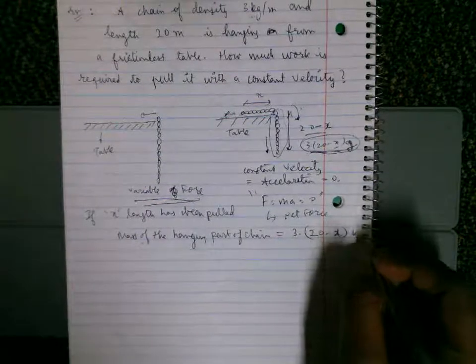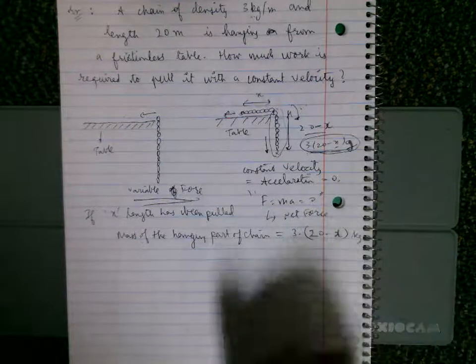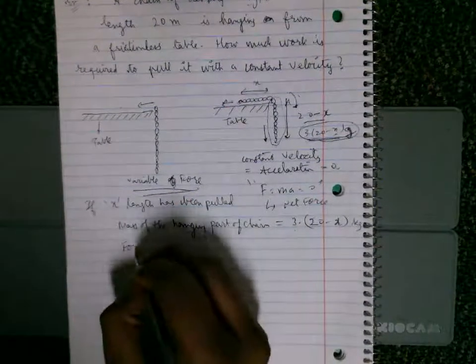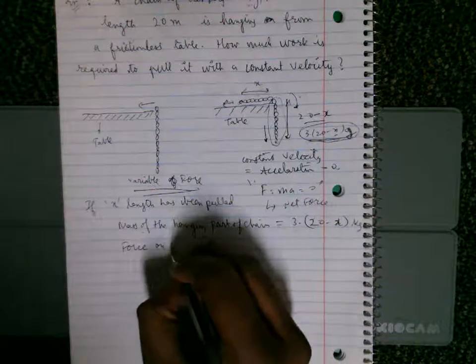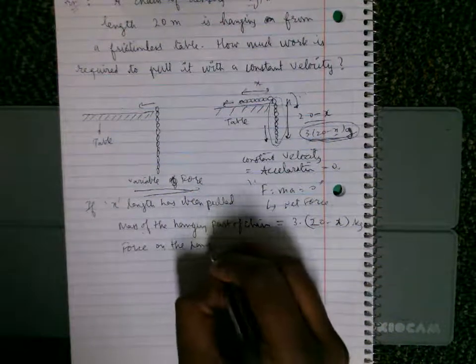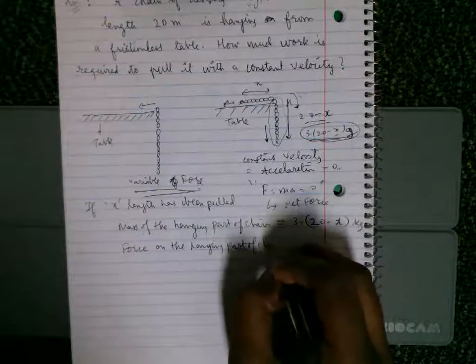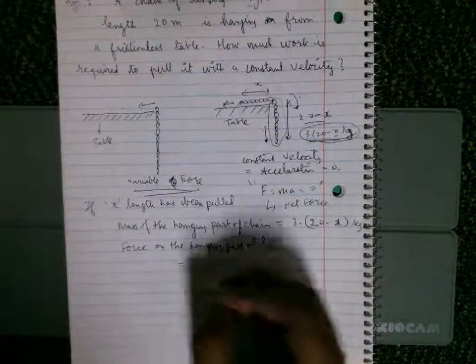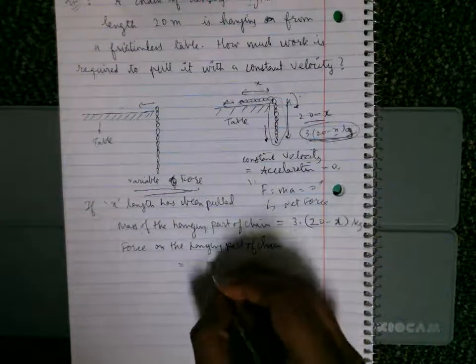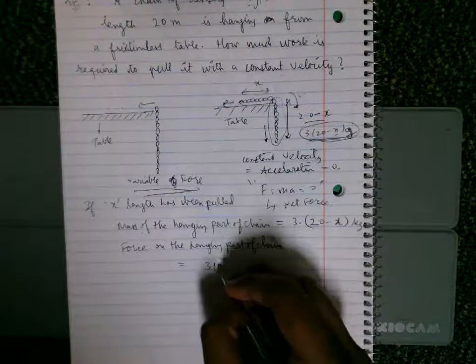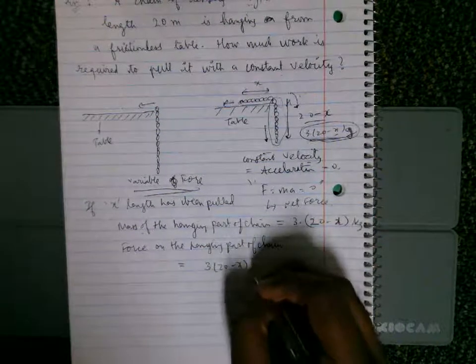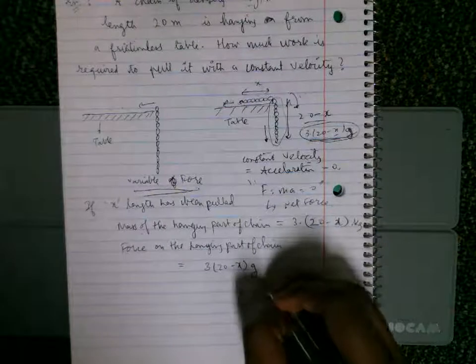This many kgs is still hanging. That means the force on the hanging part of the chain is 3 times 20 minus x into g, where g is the acceleration due to gravity.